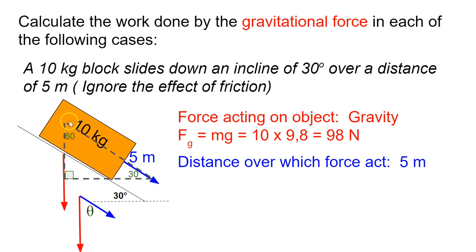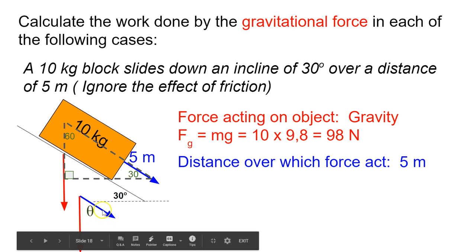Since this one is parallel to the incline and this one is parallel to the gravitational force, it means the angle between these two will be exactly the same as the angle between the direction that this object is traveling and the gravitational force. And how do we calculate this angle?